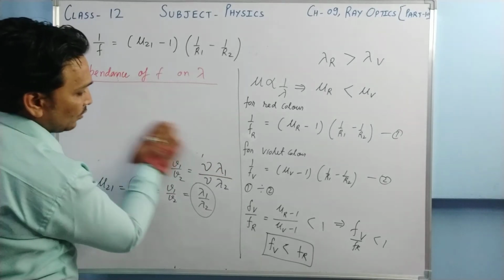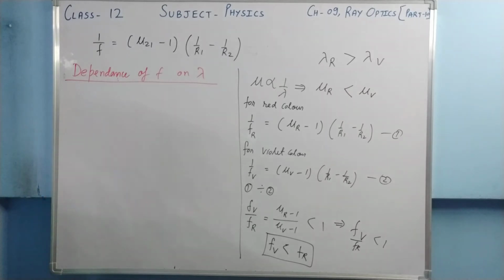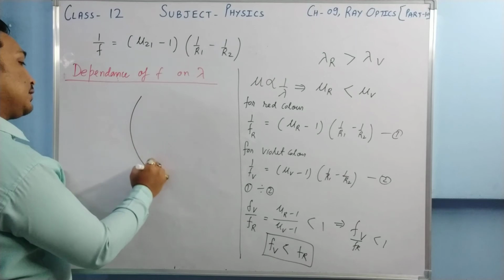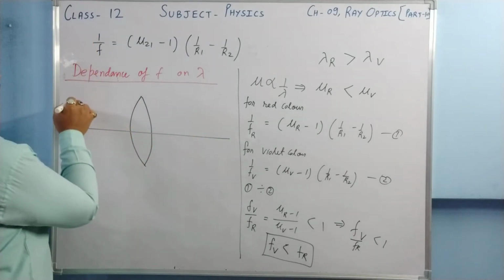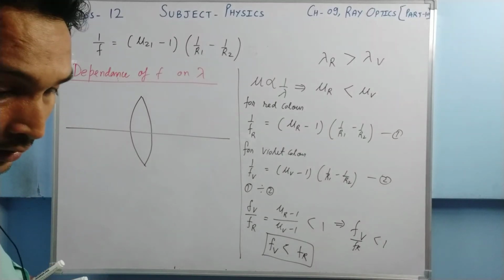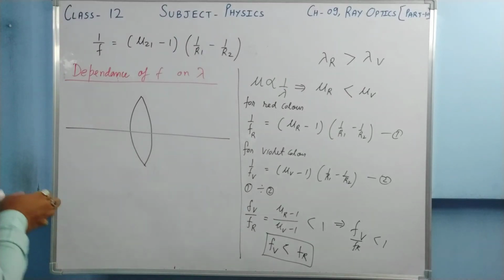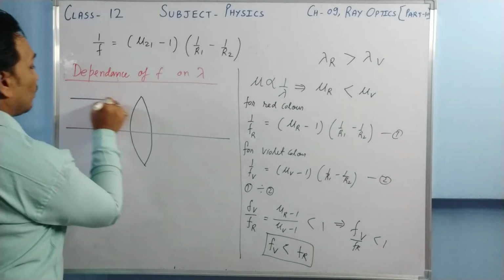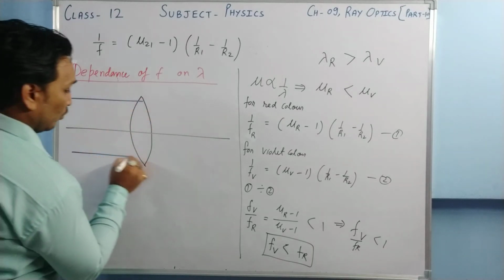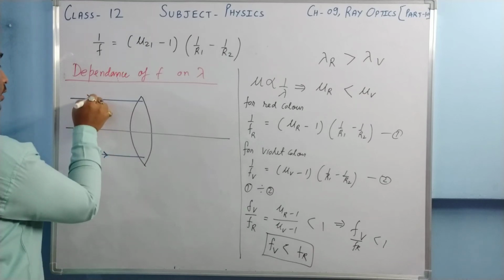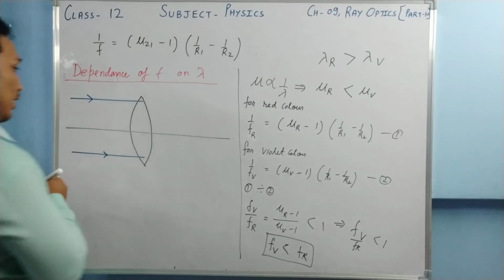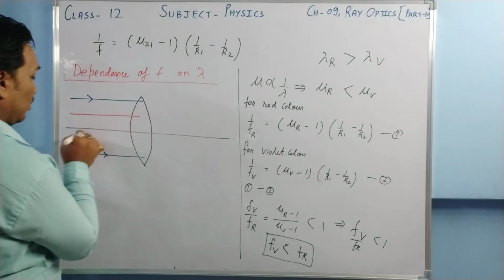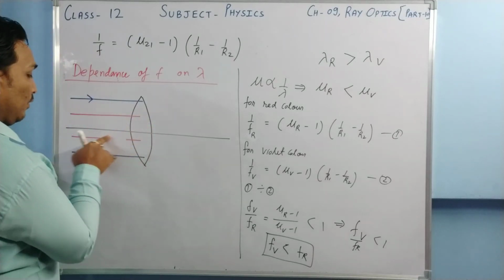What does it mean actually? Let us try to understand. If this is your lens, and this is your principal axis. Suppose a color of violet, actually it is blue, but you can consider it as violet, and the color of red, they fall on the lens.